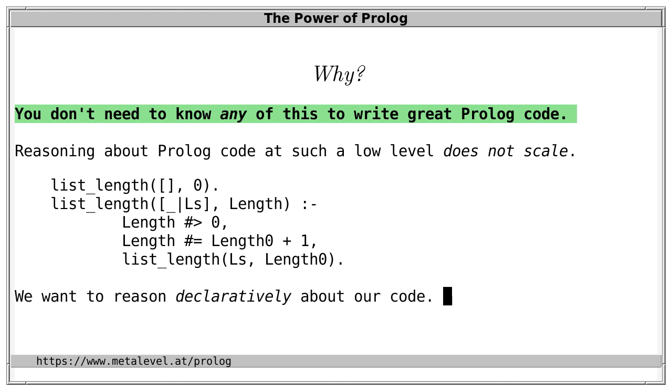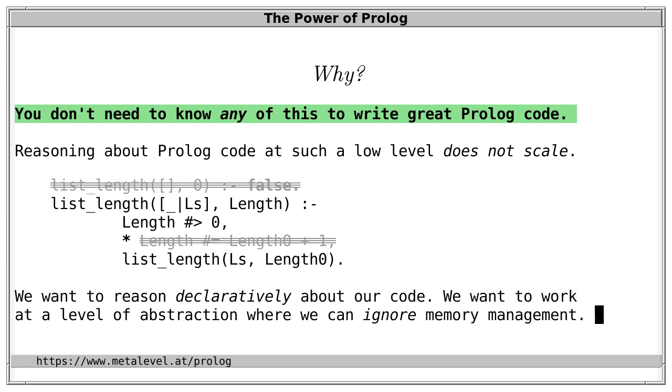So what we actually want is rather the opposite of this. Namely, we want to reason declaratively about our code and focus on the meaning, not on virtual machine instructions. So, for example, we'd like to be able to ignore one of the clauses and then reason about the remaining fragment of the program. Or, for example, generalize away a goal.